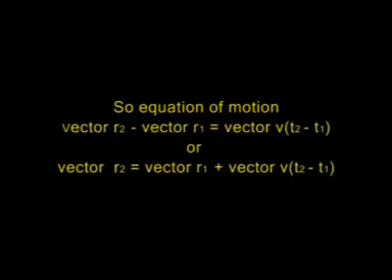So, the equation of motion is vector r2 minus vector r1 equals vector v into (t2 minus t1), or vector r2 is equal to vector r1 plus vector v into (t2 minus t1).